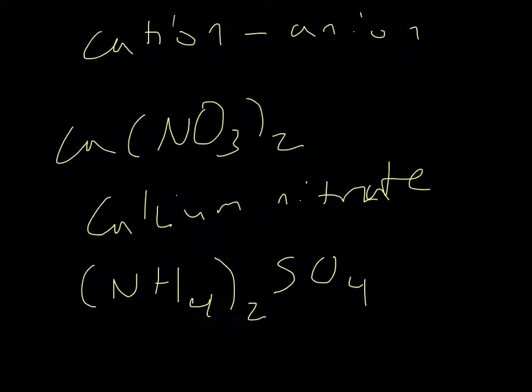Now, sulfate is a polyatomic anion with a 2 minus charge. That's why there's 2 of ammonium, which is a positive polyatomic cation with a +1 charge. Well, how do we name it? Very simple. Ammonium sulfate. Therefore, the name is ammonium sulfate.